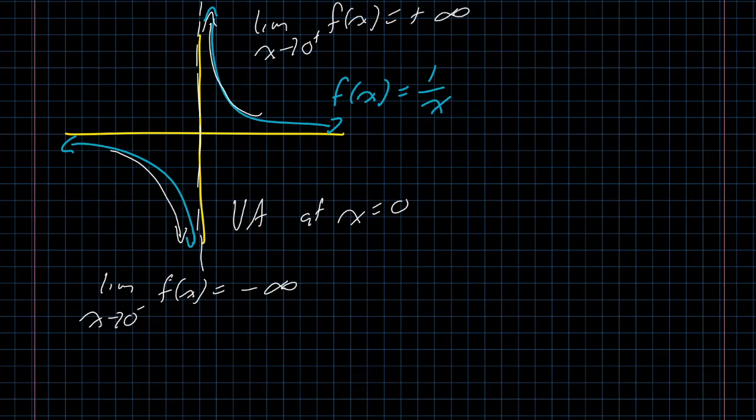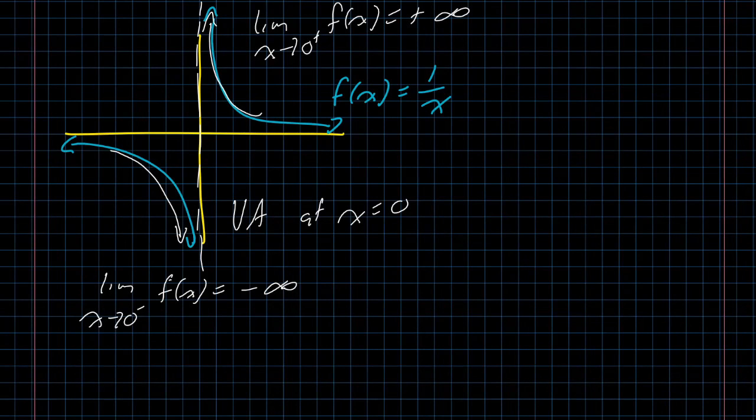And so the one-sided limits describe the behavior around the vertical asymptote. Right? The limit does not exist. The one-sided limits don't exist, but they don't exist because they become infinite. On the left, it becomes negative infinity. On the right, it becomes positive infinity.